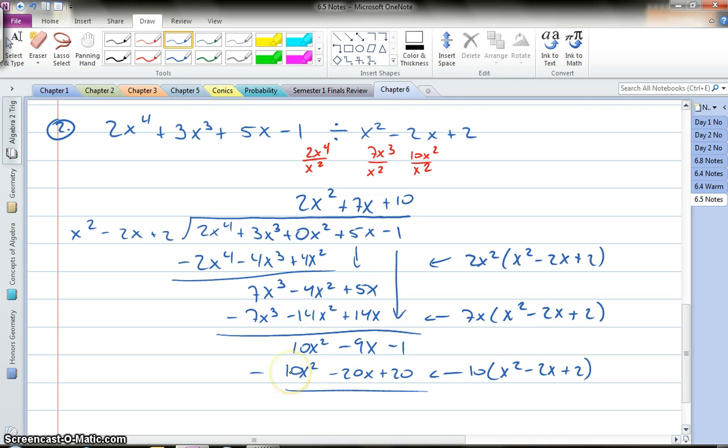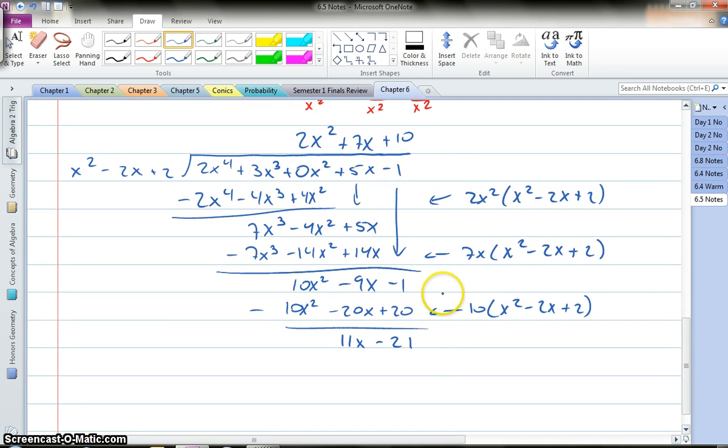Subtract them. First term's gone. Negative 9x minus negative 20x gives me positive 11x. Negative 1 minus 20 is negative 21. Now there's no terms left to bring down, so this is your remainder.